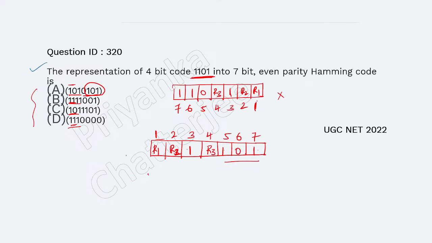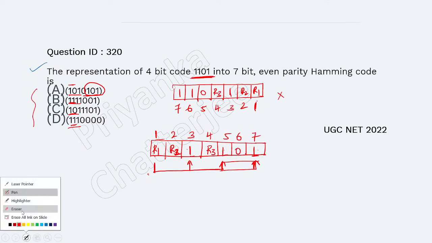Try to fill it. First R1, if you are filling, that will be 1 3 5 and 7, right? So you can see this is an odd number, this is an odd number, so R1 will be filled with 1. So that's why fill R1 as 1.